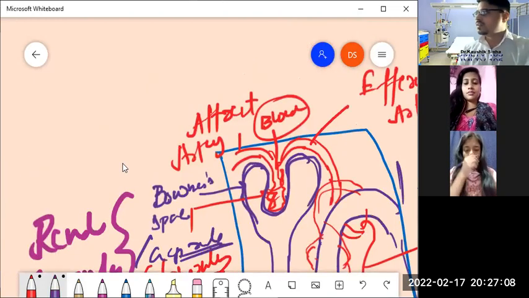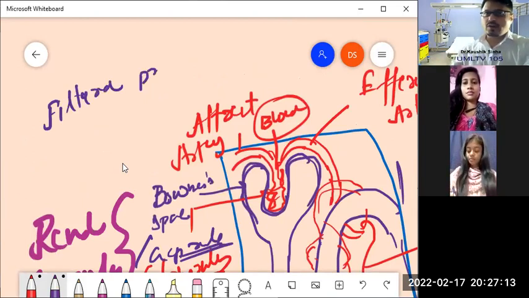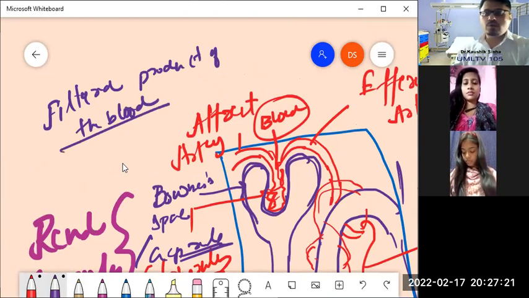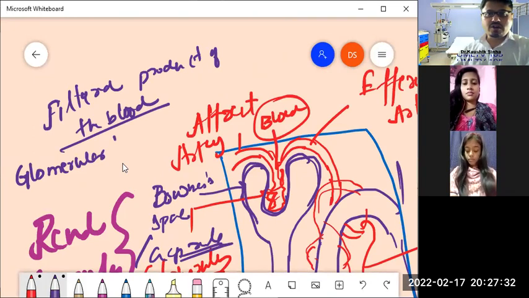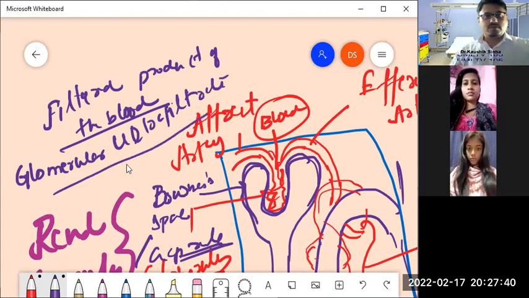Filtered product of the blood, and that filtered product in one word is known as glomerular ultrafiltrate, because the filtration is taking place in the glomerulus. You can call this the first precursor of the urine.